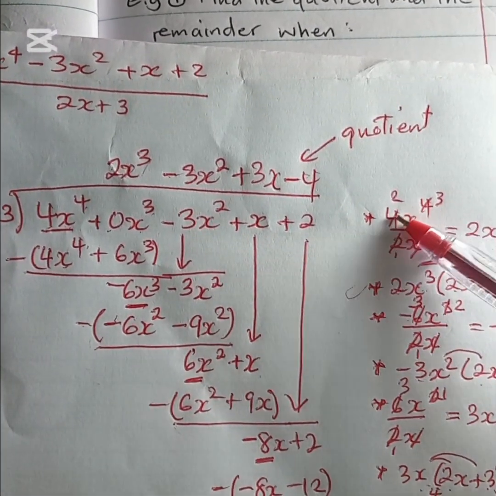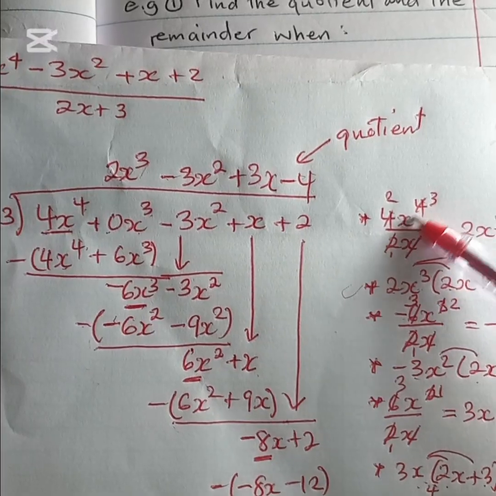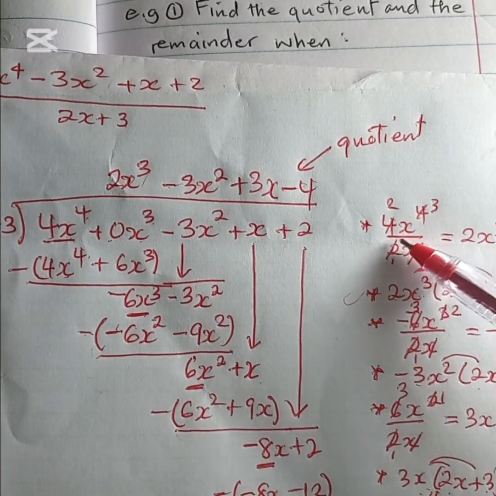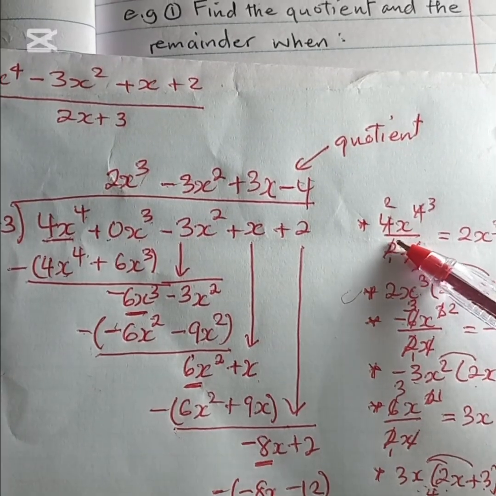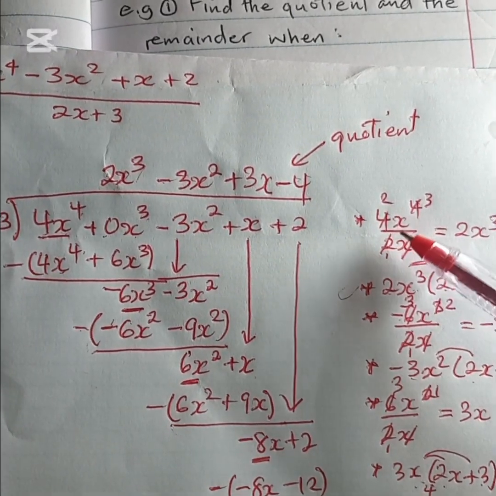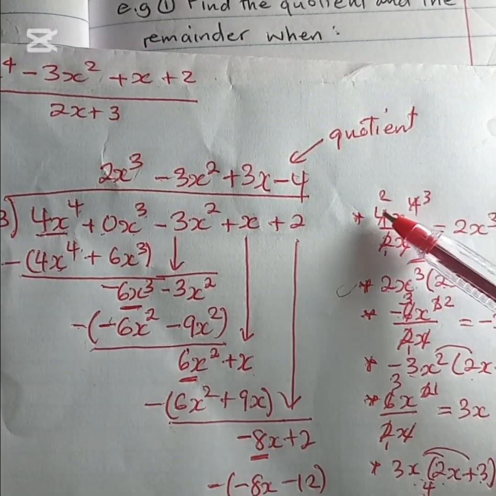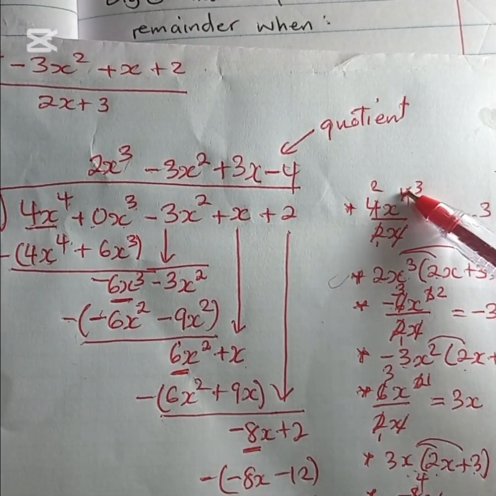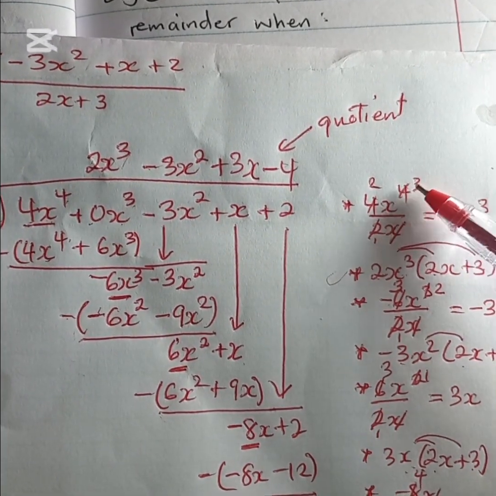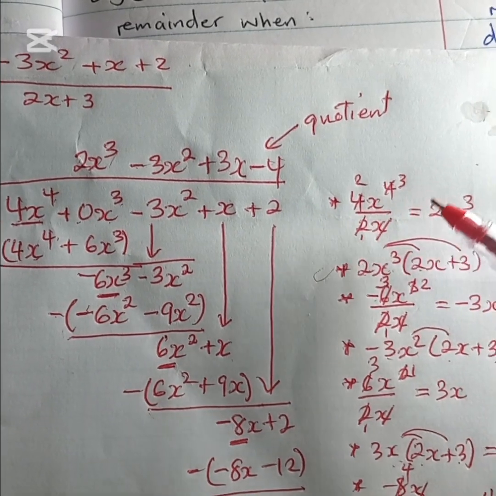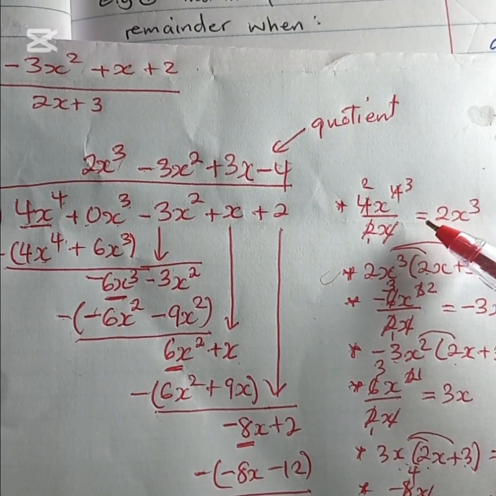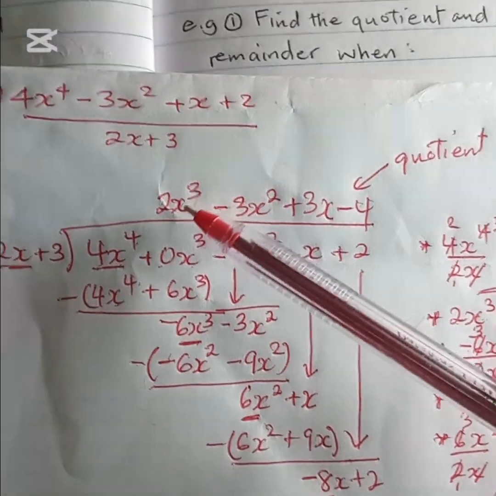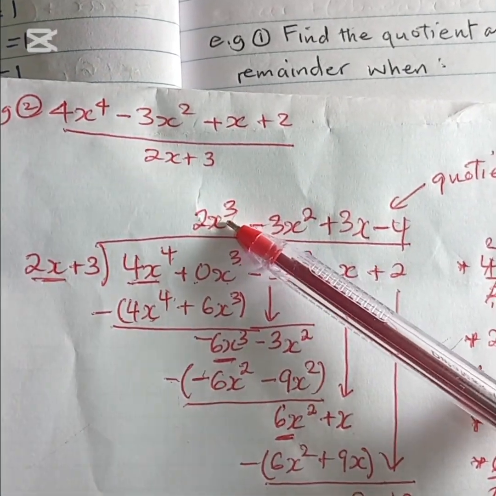I like doing it vertically so you can easily cancel. 4x to the power 4 dividing by 2x. 2 into 2 goes 1 and 2 into 4 goes 2. This x cancels with 1x up there, leaving x to the power 3. So our division answer here is 2x cubed. Now we write the 2x cubed up there.